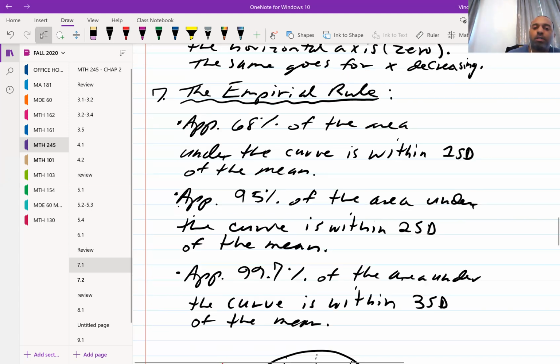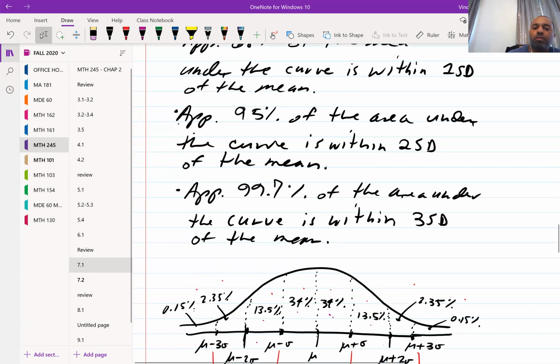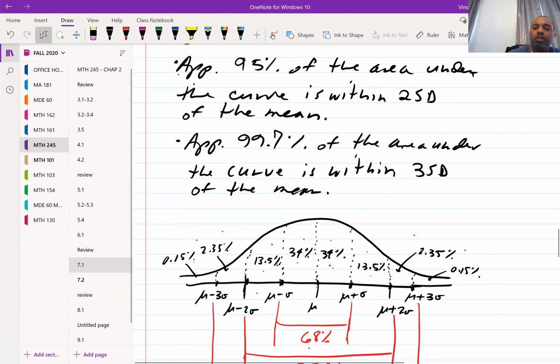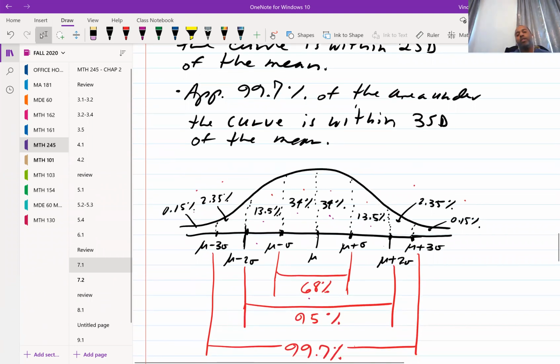All right. So here's the diagram that goes along with those three statements.